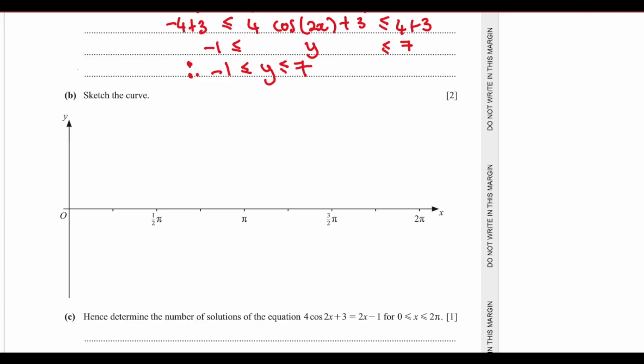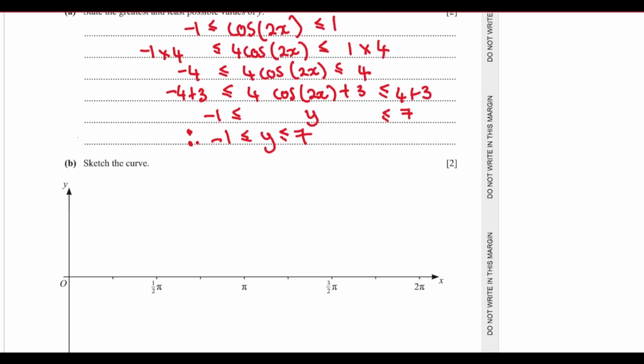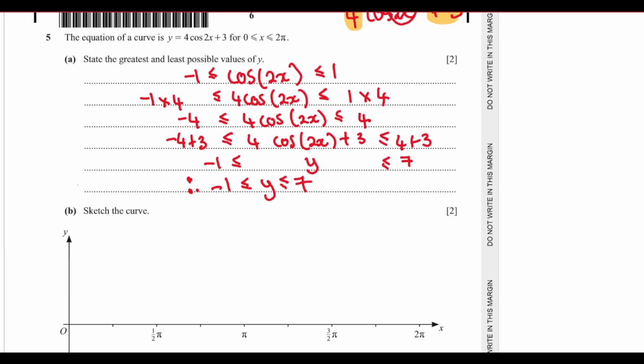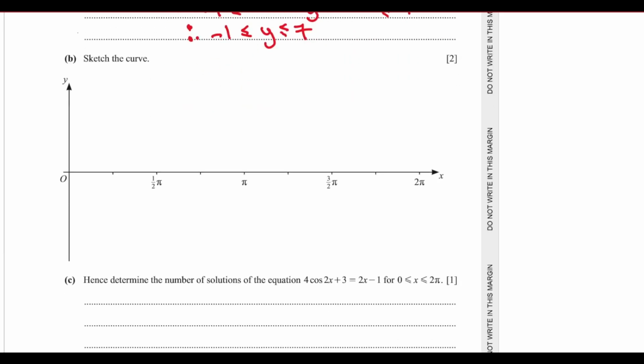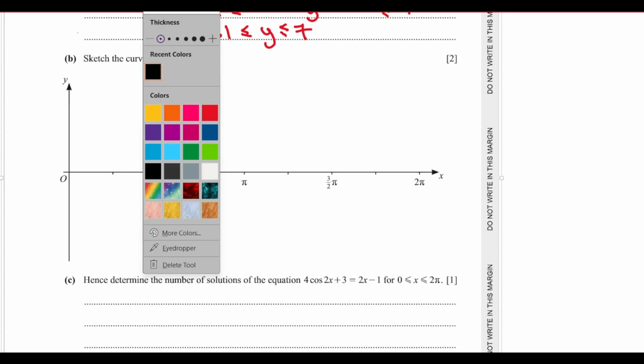I would start with dividing the y-axis up because they didn't do that for you. So the greatest possible value for y is 7 and the least is -1. So let me divide the y-axis over there into maybe until 8.